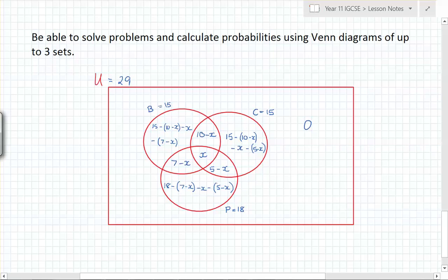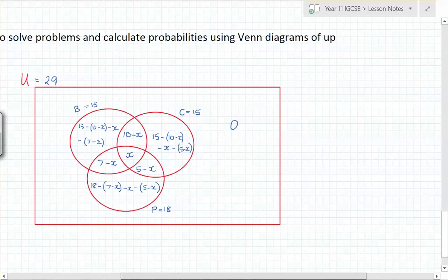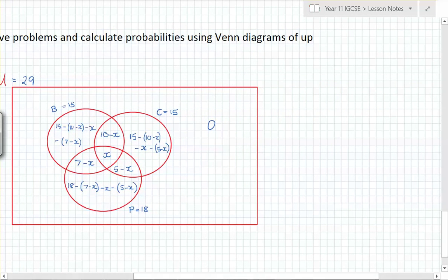And then really, we're going to want to simplify all that. So I'm going to work in this region. So I've got 15 subtract (10 minus x) minus (7 minus x). So I've got 15 subtract 10, subtract 7, add x, subtract x, add x.